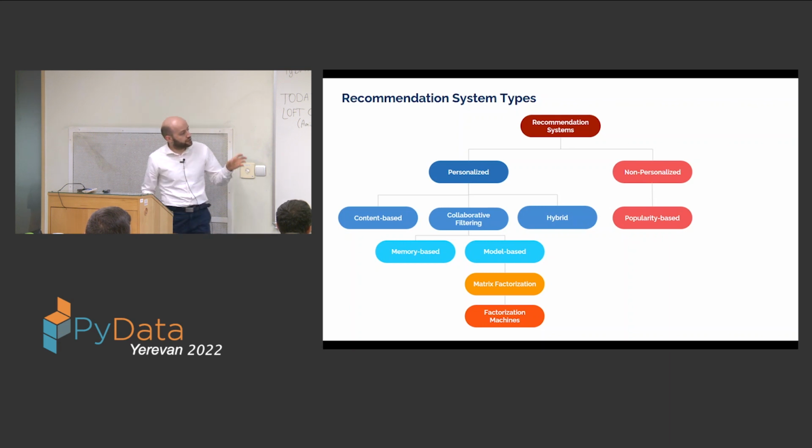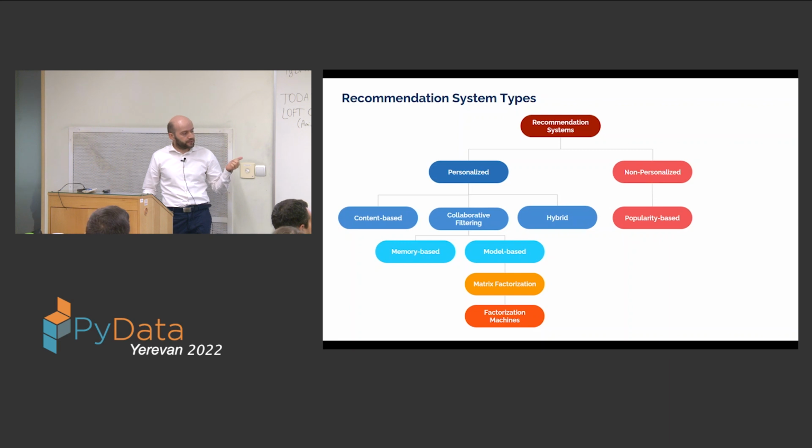In the case of the model-based approach, the popular one is matrix factorization, and there is an implementation of matrix factorization called factorization machines, which is more advanced than other matrix factorization approaches like SVD, singular value decomposition, for example, or SVD++.